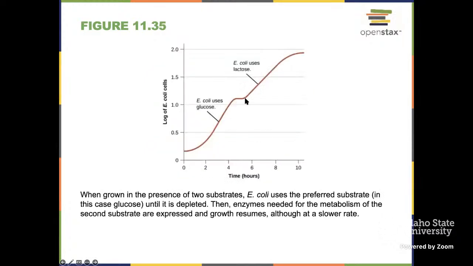So it takes a little bit of time because lactose is there, we've linked up to it, now we make those enzymes and then we start using the lactose, and continue to grow for the rest of the half a day in this tube. It's maybe not quite as dramatic of a growth curve, a little bit less steep, but still pretty good growth, right?